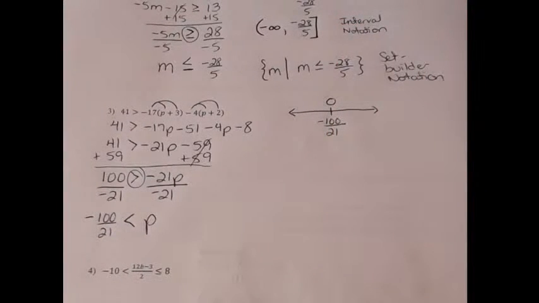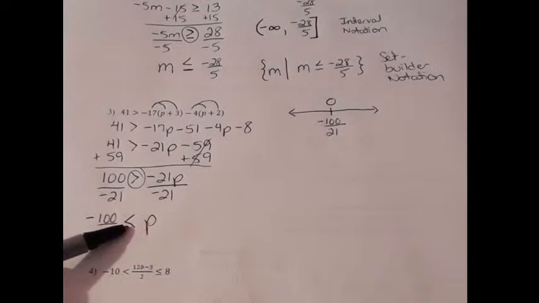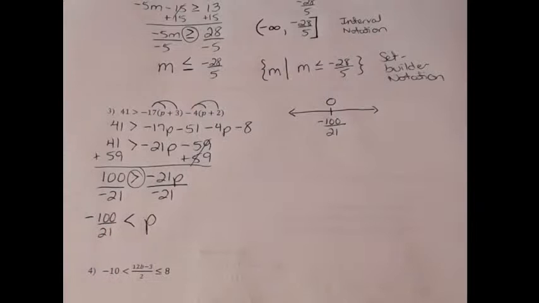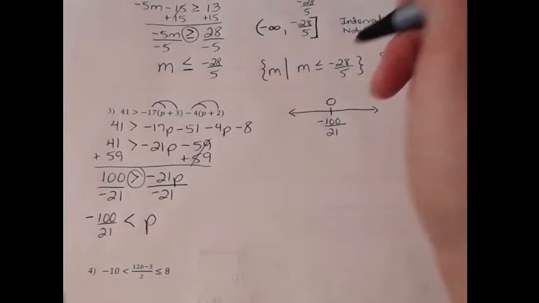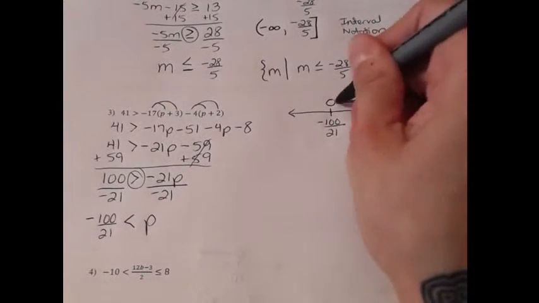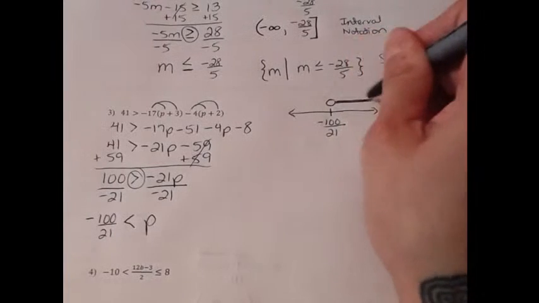Now, here's the thing that trips some people up. When we read this, negative 100 over 21 is less than p, what this actually says is that p is greater than negative 100 over 21. Don't you agree? If negative 100 over 21 is smaller than p, then p must be greater than this number. And if p is greater, then we're going to shade to the right.